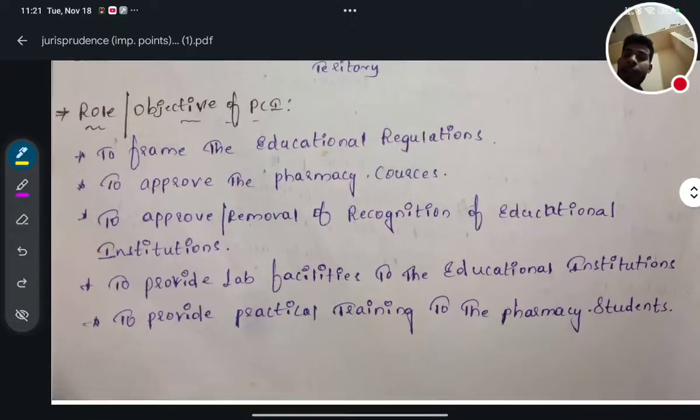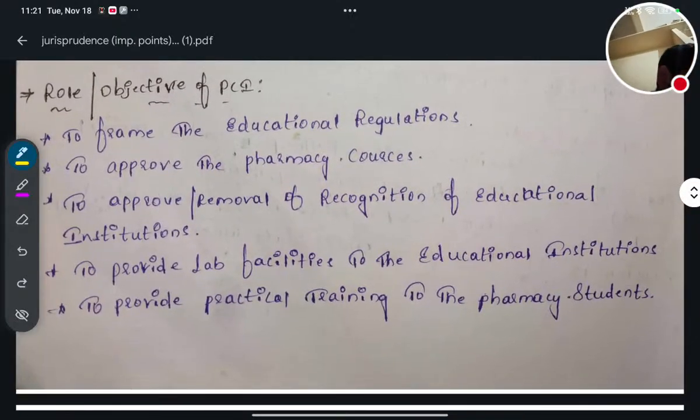Next, the role and objectives of PCI. What are the different roles and objectives of the Pharmacy Council of India?